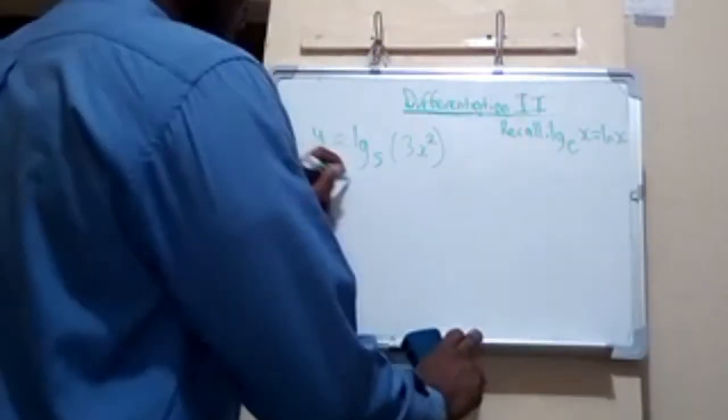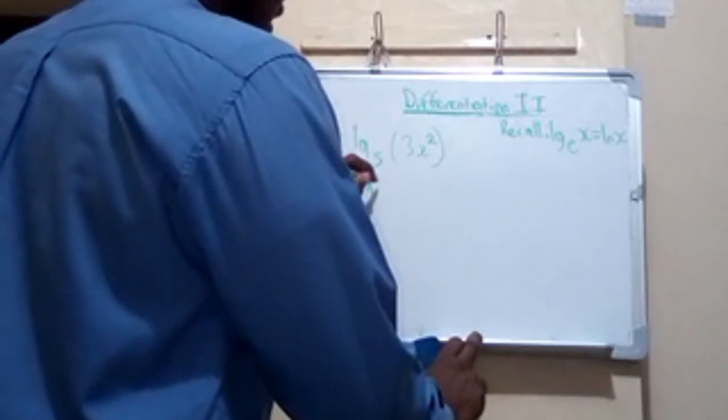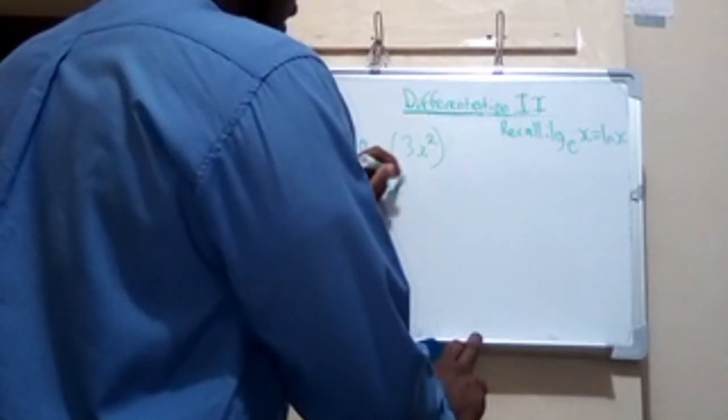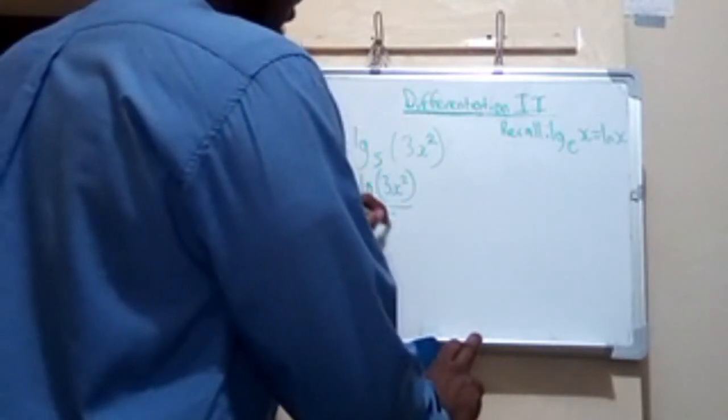First you need to write this as ln 3x squared divided by ln 5. And so that's equal to 1 over ln 5 times ln 3x squared.